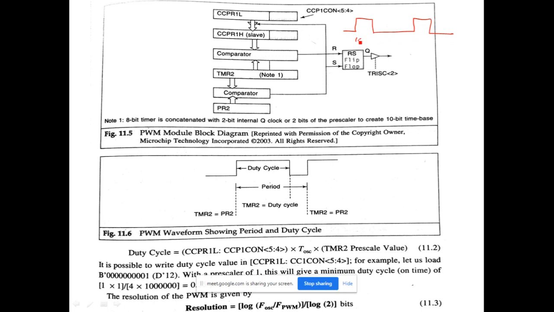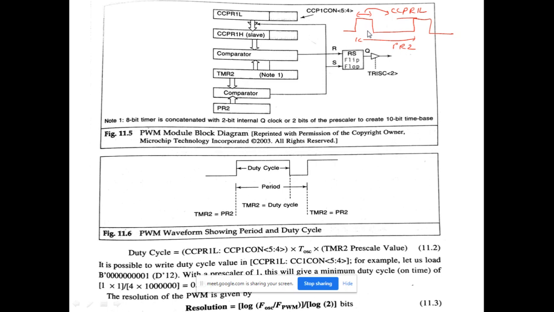This T will be decided by the period register, the PR2 register, and this TH will be decided by the content of the CCPR1L register. So that's how these two parts of this waveform will be controlled by two separate registers. PR2 will decide the period, the CCPR1L register will decide the high time, TH.